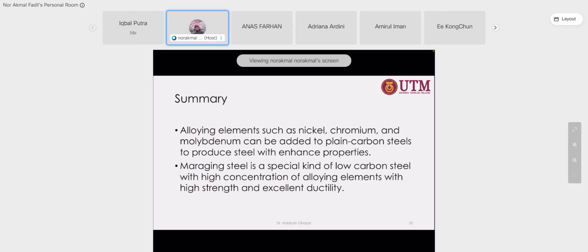Maraging steel is a special kind of low carbon steel with a high concentration of alloying elements, with high strength and excellent ductility. Remember, maraging steel has extremely low carbon. With very minimal carbon, the intermetallic precipitates only form by combining elements other than carbon, so it is improved in terms of impact load.